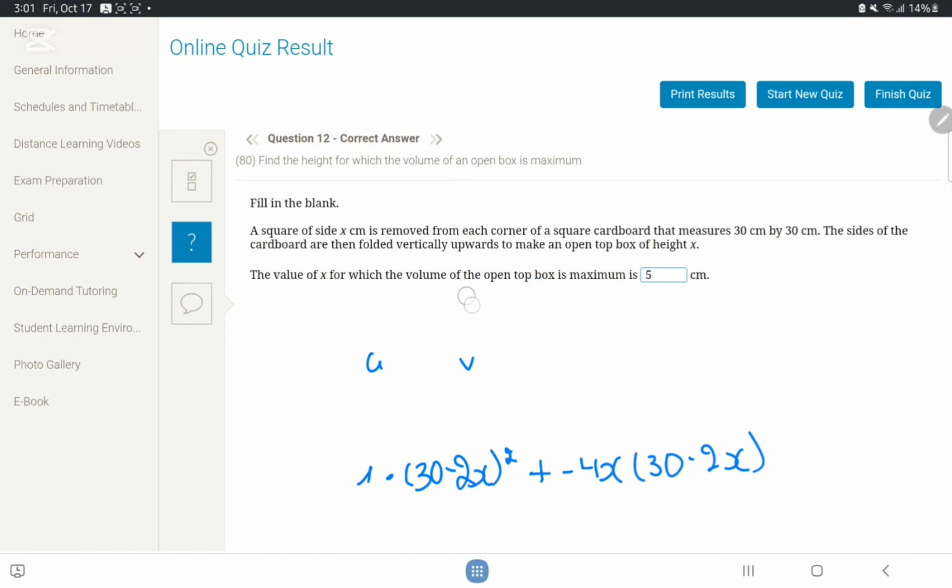Now this, what you derived, you make it equal to 0, okay? So basically 30 minus 2x squared minus 4x distributed to 30 like this.